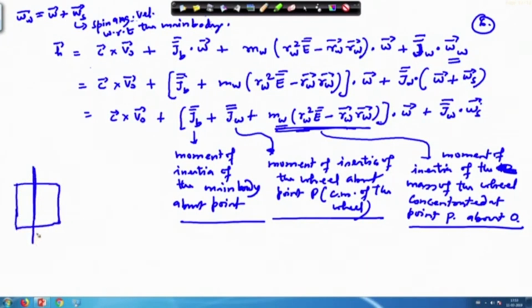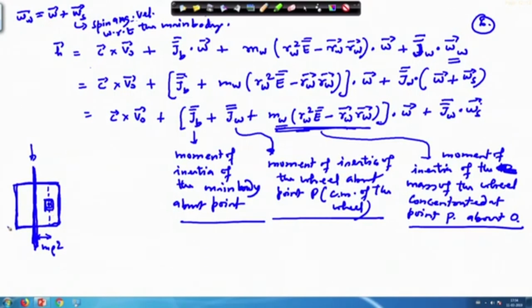and in the parallel axis theorem what do we do? We have one body here, and inside this there is another body. So, first we find the moment of inertia of the main body about this line, then we find the moment of inertia of this small body about this line, and then we consider this to be a point mass and calculate the moment of inertia about this by writing m rho square, and add them.